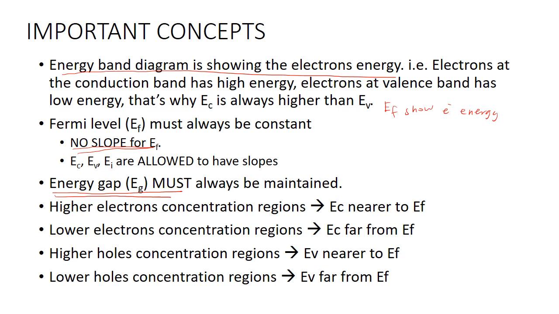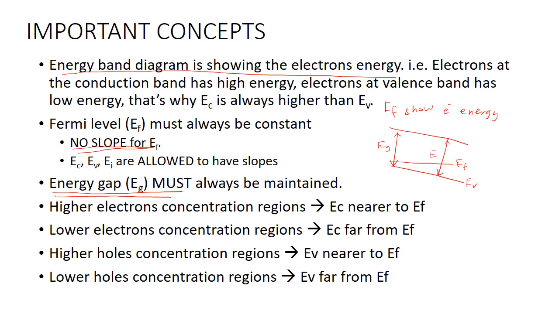Jadi untuk kalau contohnya yang material tadi tu yang p-type, selalunya kita akan lukis Fermi level dulu. Lepas tu kita lukis the valence band because we are going to show the doping concentration using the distance between Fermi level and valence band. So kita lukis valence band dan Fermi level dulu. And the guideline to draw the conduction band is by remembering that your EG must always be maintained.